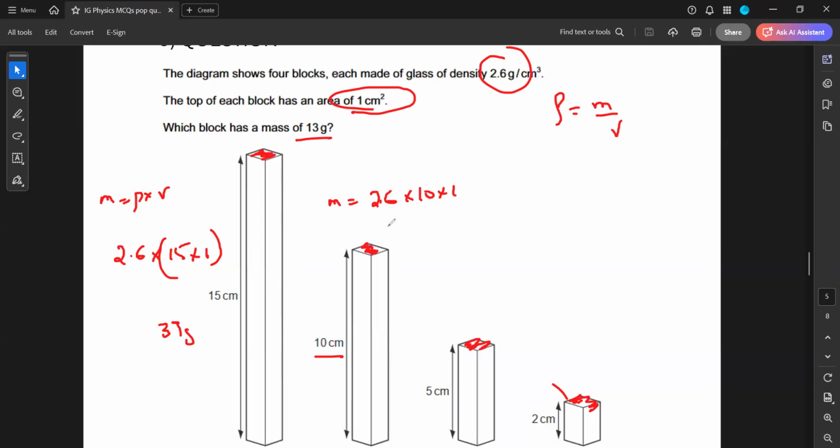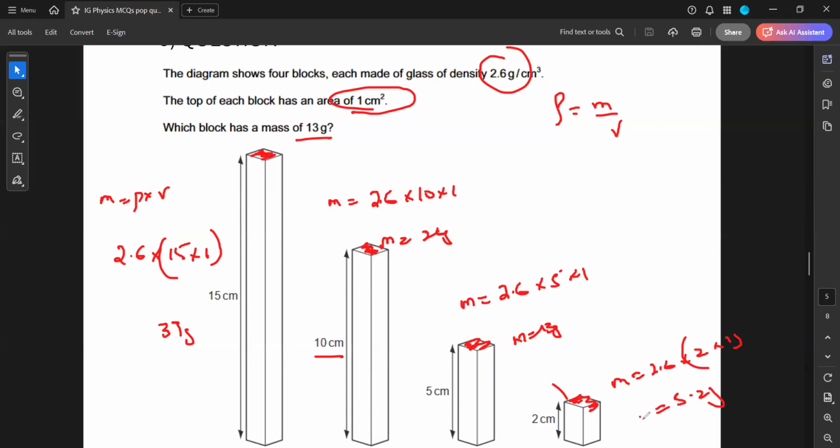So 2.6 multiplied by 10 gives 26 grams. What about this one? The mass is density times volume, so density is 2.6 and the volume is 5. This will be 13 grams. And the last one, the density is 2.6, the length is 2 and the area is 1, so this will be equal to 5.2.